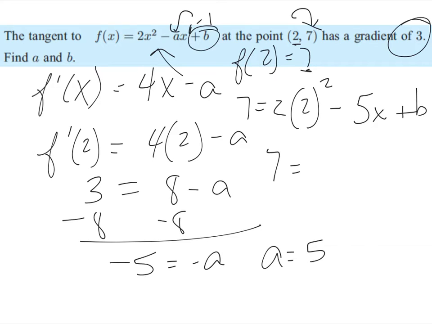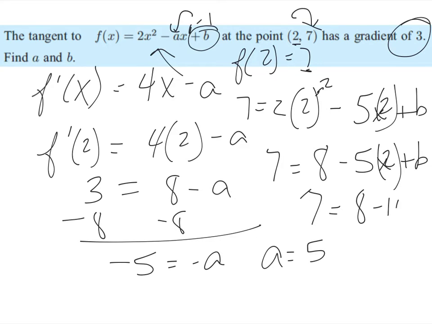So we get 7 equals 2 squared is 4, 4 times 2 is 8, minus 5x plus b. And x is 2. I don't know why I didn't plug that in. So we get 7 equals 8 minus 10 plus b. So 7 equals negative 2 plus b. We add 2 to both sides, and we get that b equals 9.